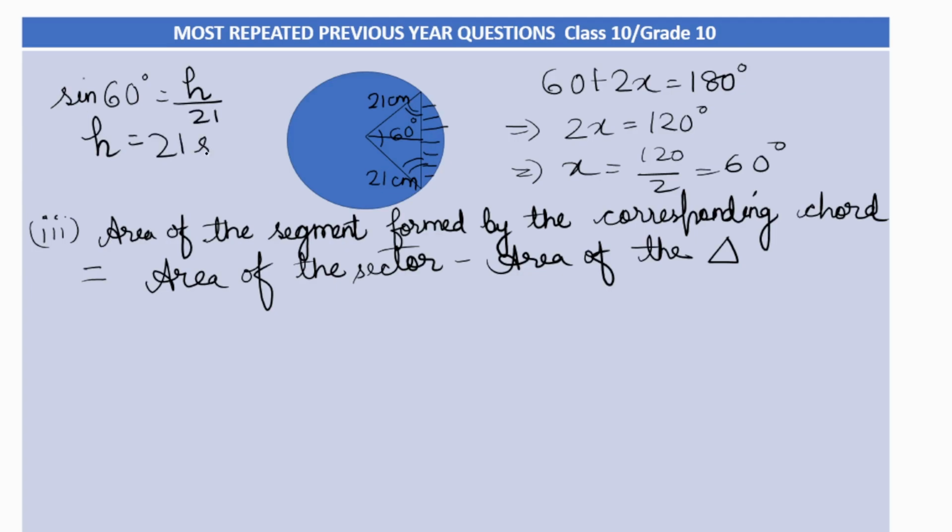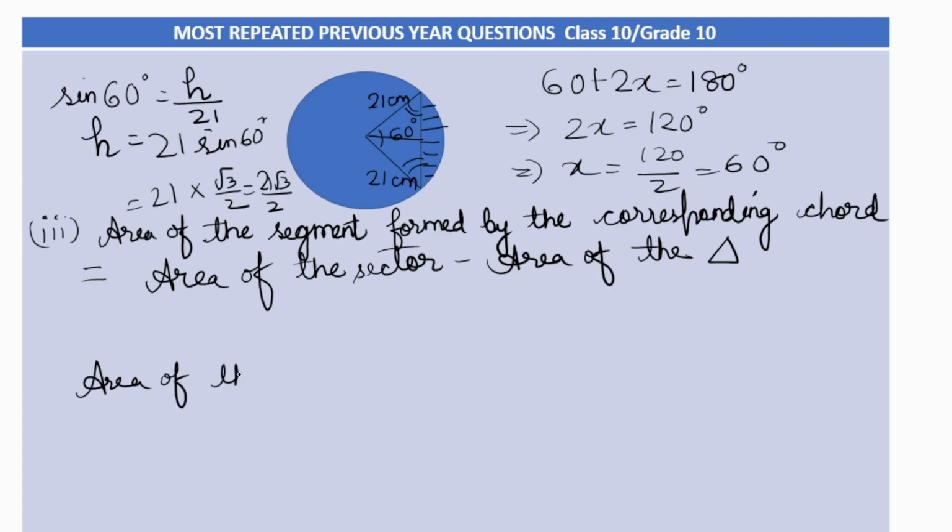So 21 sine 60. What is the value of sine 60? We know it is root 3 by 2. So the height will be 21 root 3 by 2. We will leave it like this. We have to use this in finding the area of the triangle. Now let's quickly find the area of the triangle.